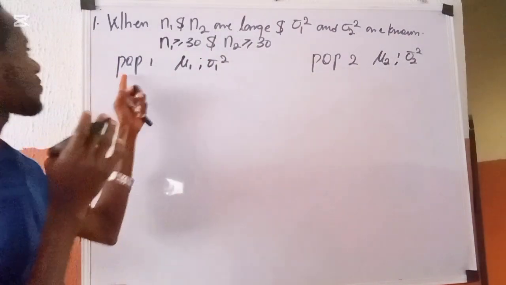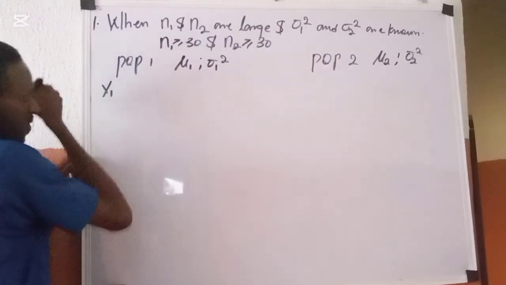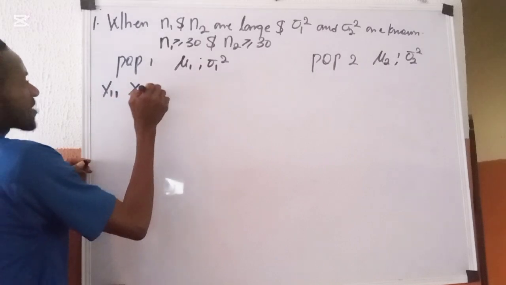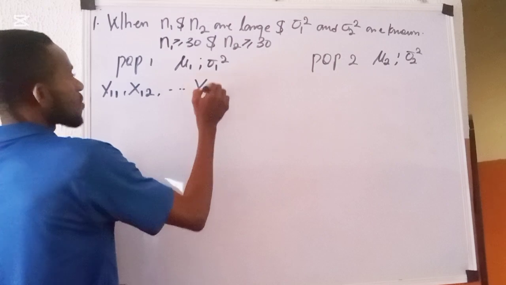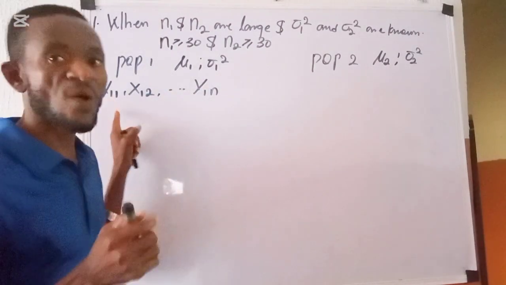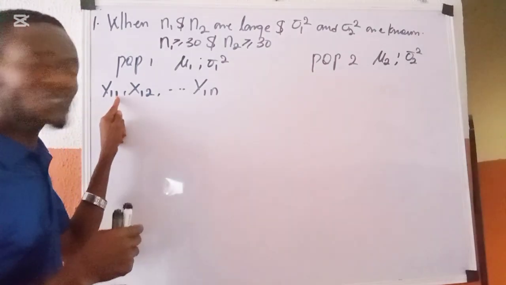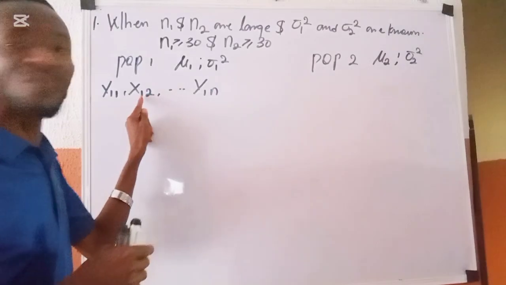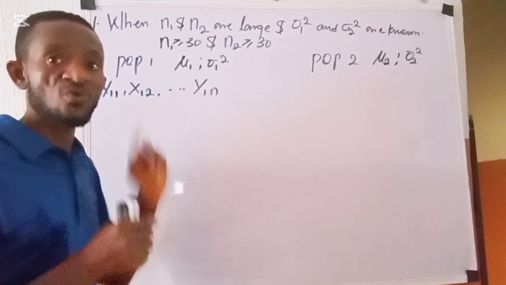The sample we are going to take from population 1, we call it X bar 1: X11, X12, down to X1n. Let me explain what we mean by X11. That is the first observation from population 1, second observation from population 1, down to the nth observation from population 1.